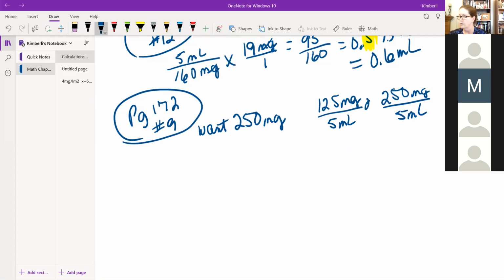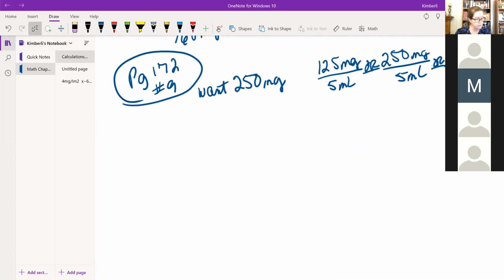Okay, so we could use any of these and we could give the patient 250 milligrams, right? Okay, so what volume would we use for the 125 per 5? 10 milliliter. Yeah.